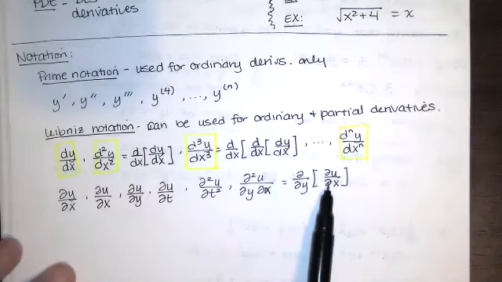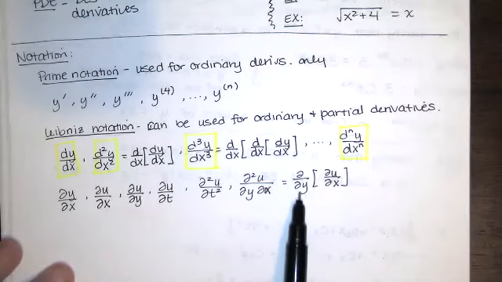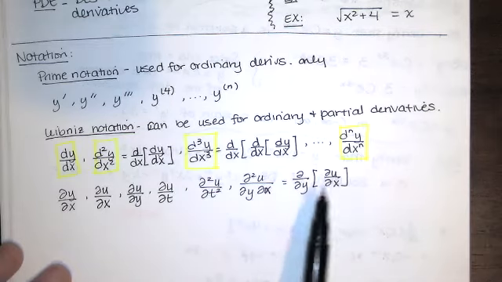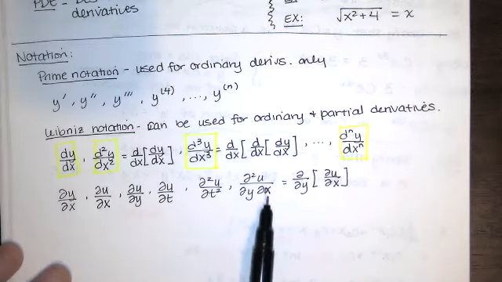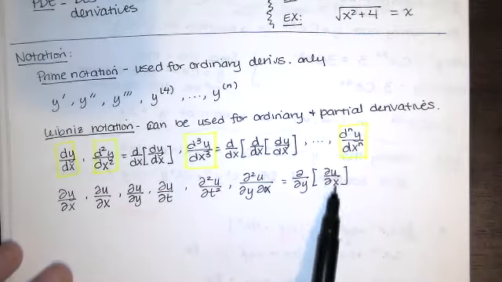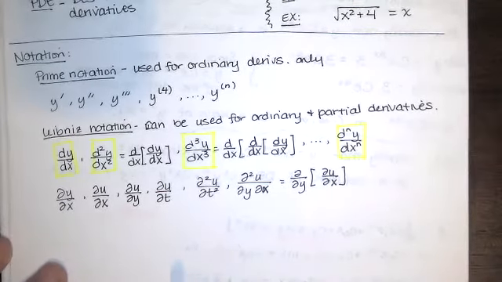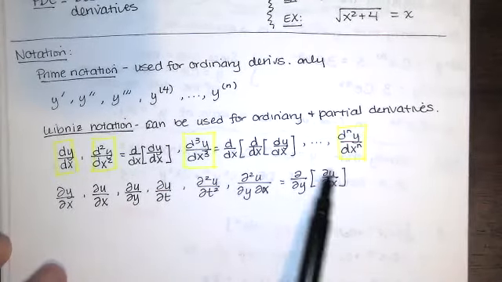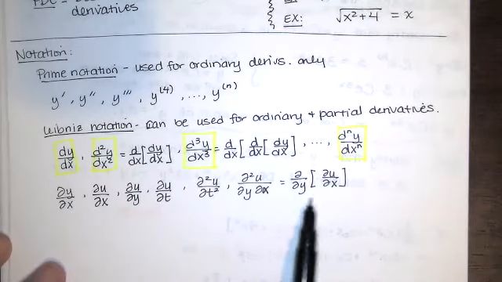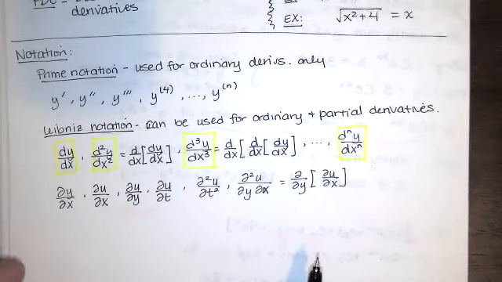You're taking the partial of u with respect to x and then taking its partial derivative with respect to y. And so even though you have the y here and then the x, you actually differentiate with respect to x first and then y. But I think once you write it in this other form with the operators, it makes a little bit more sense.